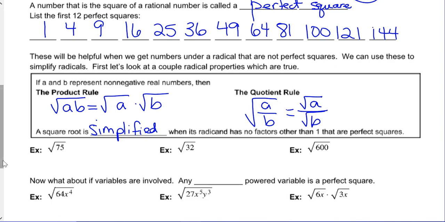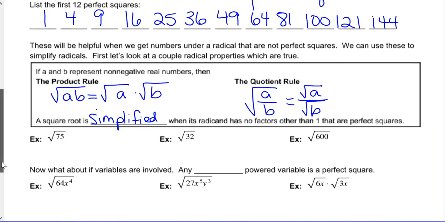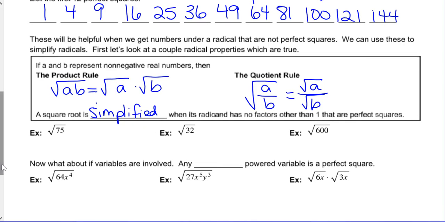So what does that mean? If I look at this first problem, square root of 75. First off, that's not one of my perfect squares that are listed here, but I do have one of these numbers that is a factor of 75 that I can break it up as two individual radicals. Now, thinking about 75, you can do factor trees, like split it up, and that's 3 and 25.